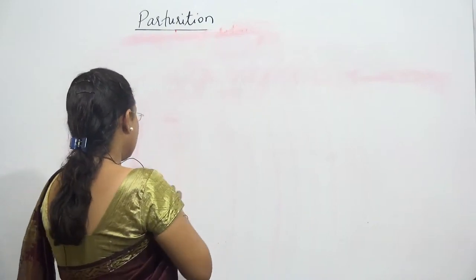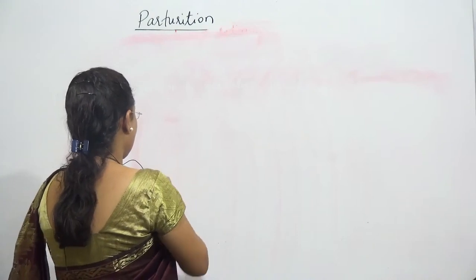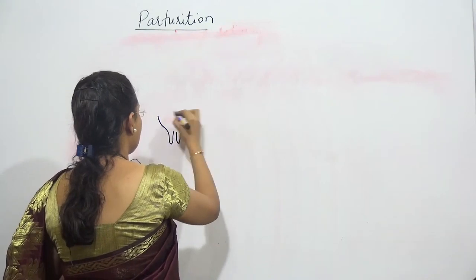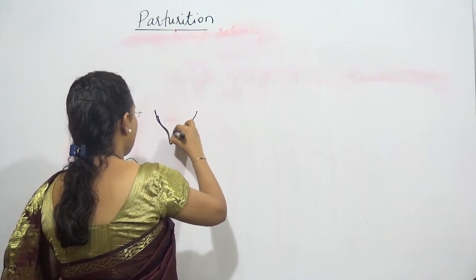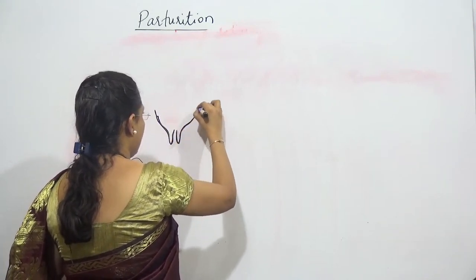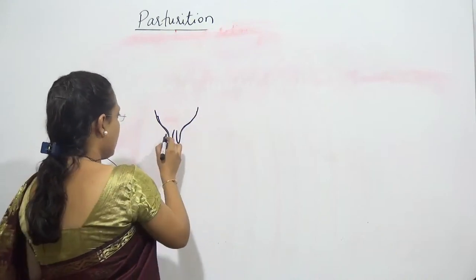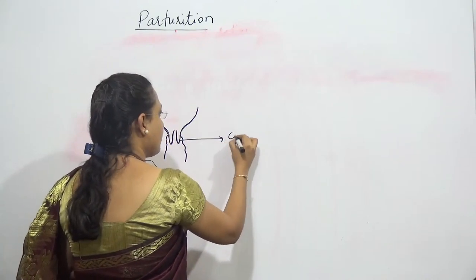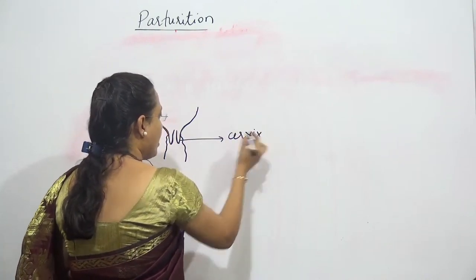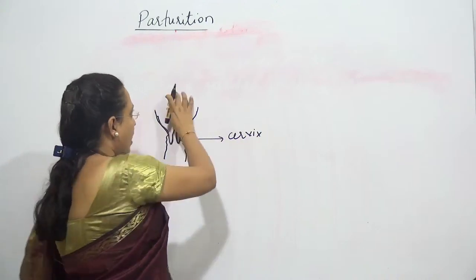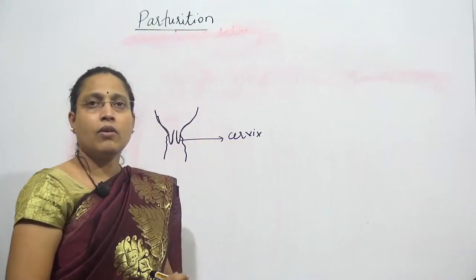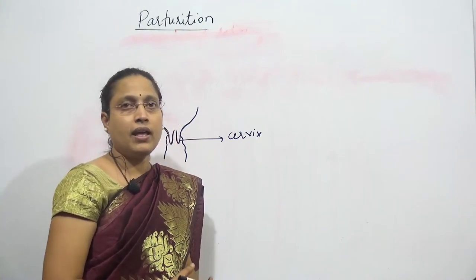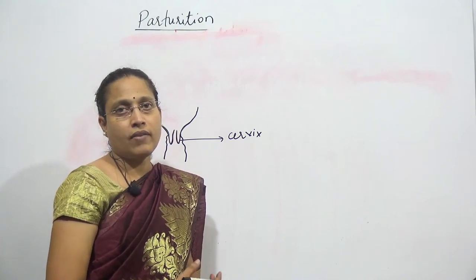Consider this is the uterus, this is the cervix. Only a part of the uterus I am drawing for convenience's sake. And this will be the vagina. The rest will be the uterus, where the fetus has developed and completed 9 months plus or minus 7 days.